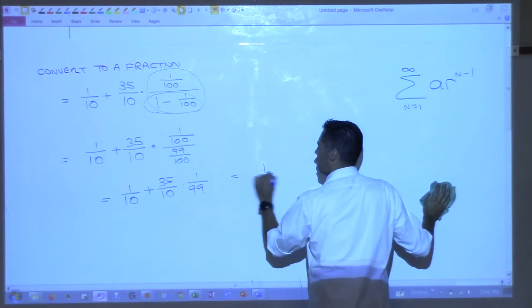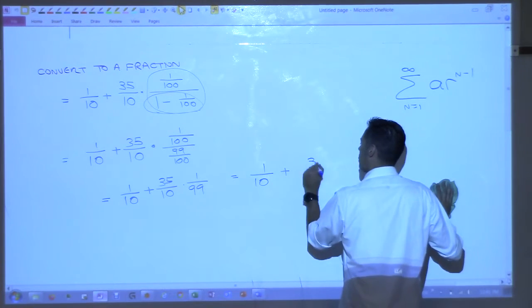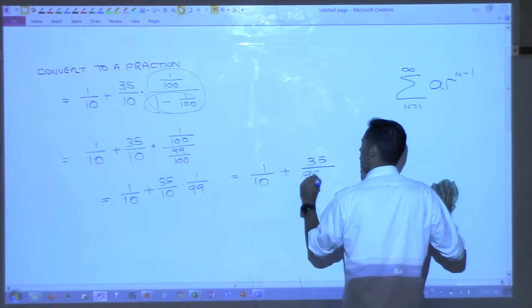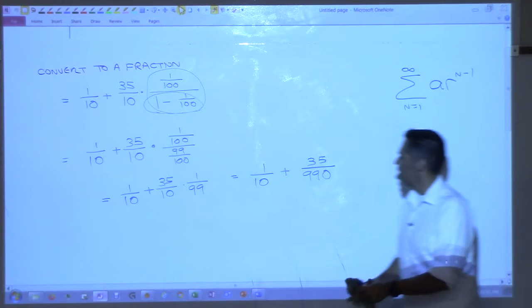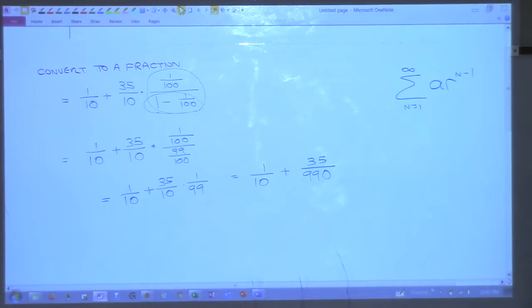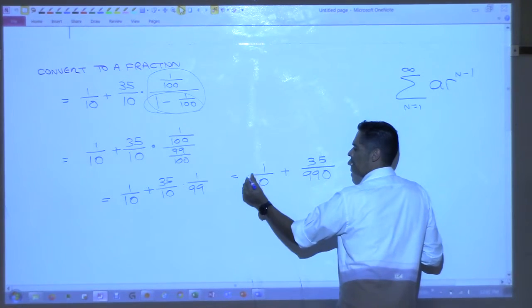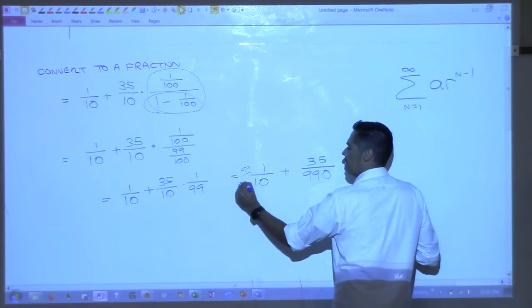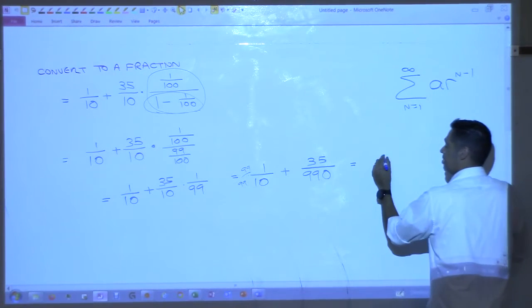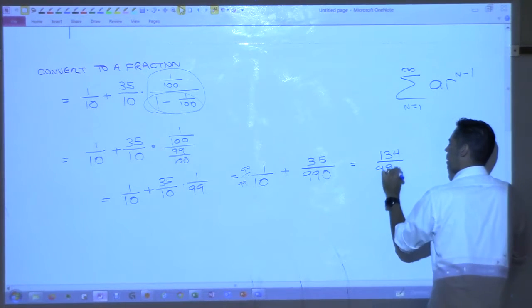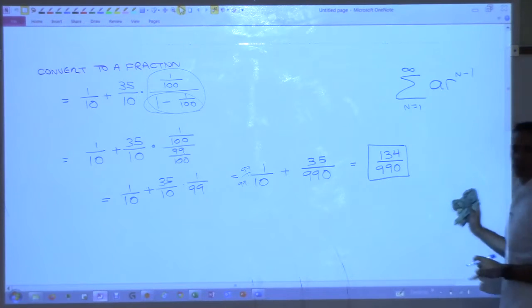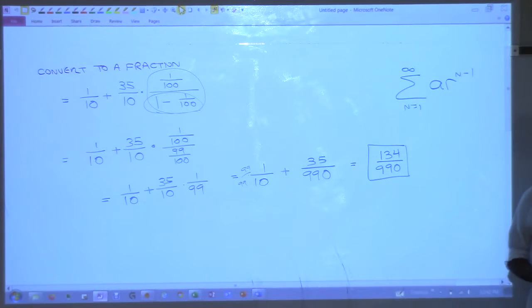So this equals 1/10 plus 35 over 990. Just multiplying across. One last step. Just get a common denominator between those two fractions. So I multiply the top and bottom of this by 99, and you get 134 over 990. So someone on their calculator type 134 divided by 990. Tell me what you get.